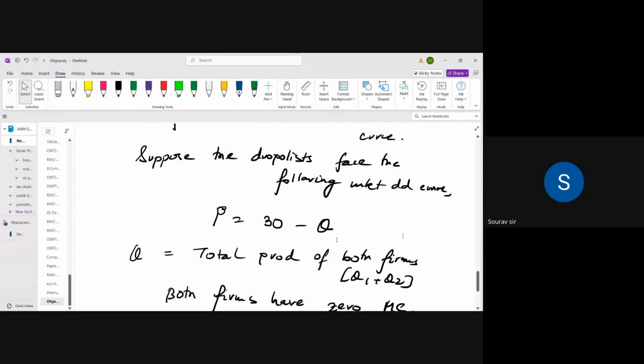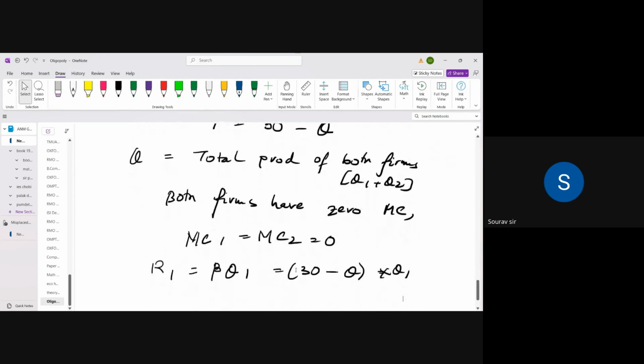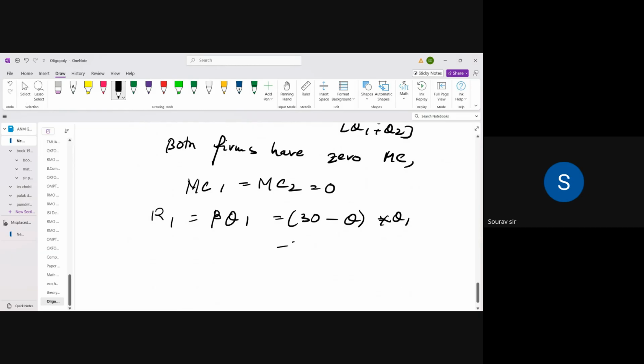So 30 Q1 minus Q1 plus Q2, multiplied by Q1. So that is 30 Q1 minus Q1 squared minus Q2 Q1.